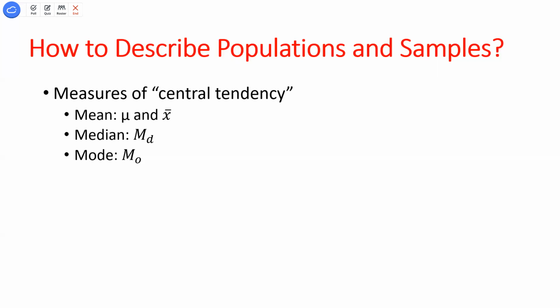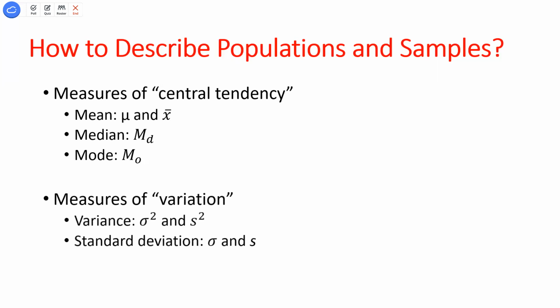The way that we come up with the median and the mode doesn't vary between population and sample data. We'll use some different notation when we talk about calculating the mean for a population versus the mean for a sample, although the procedure is exactly the same. We'll use slightly different notation for things we're going to do further down the road. But mean, median, and mode, we'll talk a little more about these in just a second.